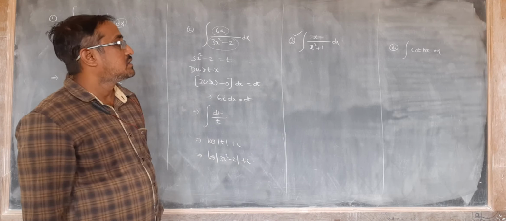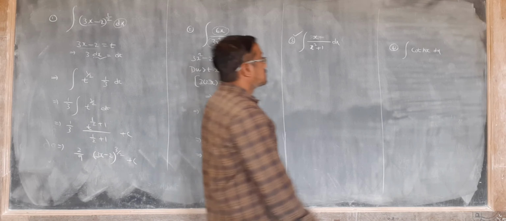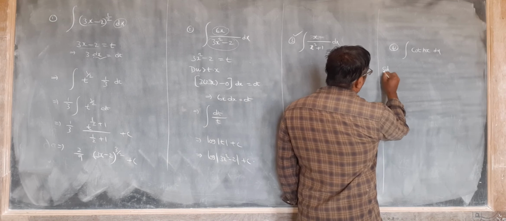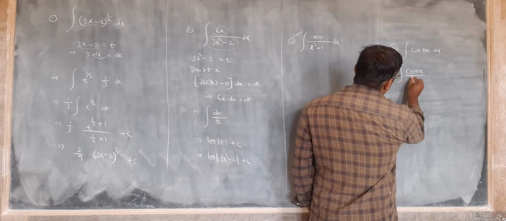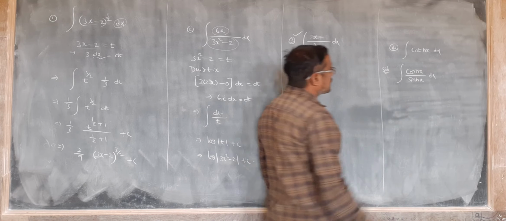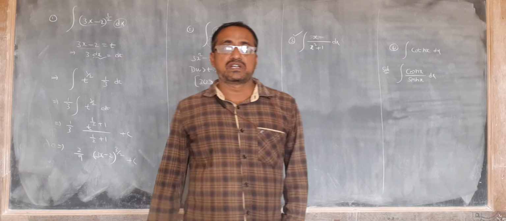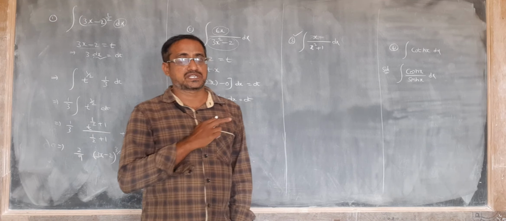Next, integral cot hx dx. So cot hx can be written as cos hx by sin hx dx. Now observe the derivatives. The derivative of sin hx is cos hx.